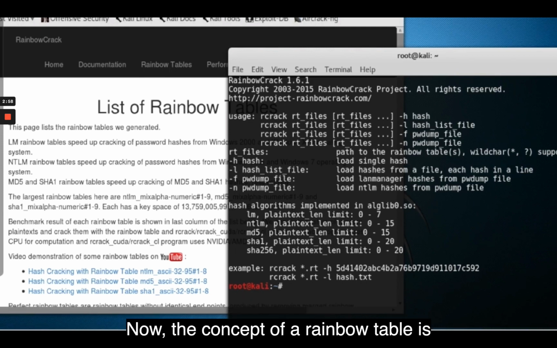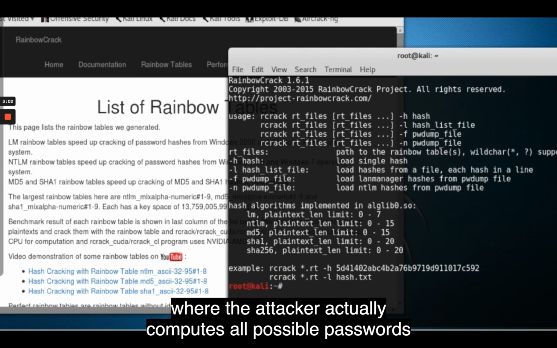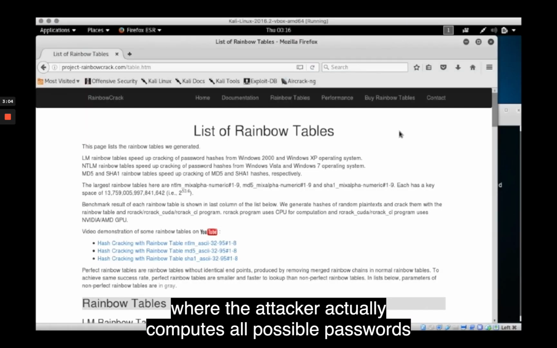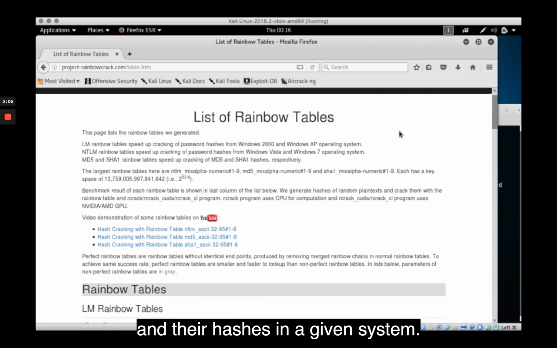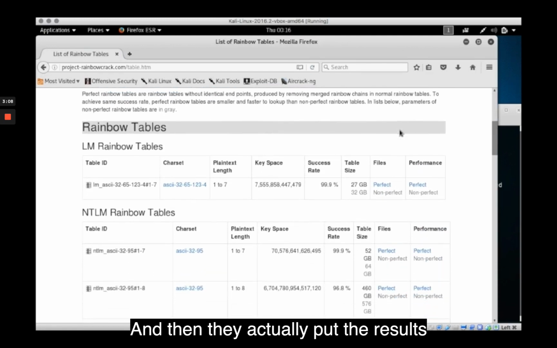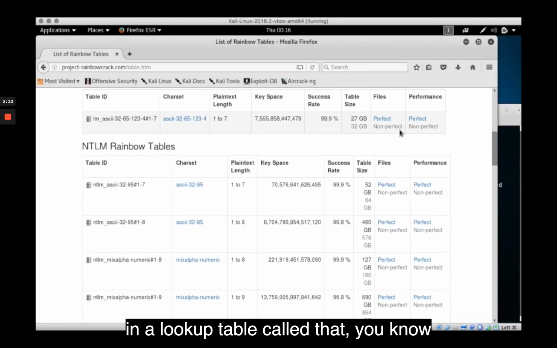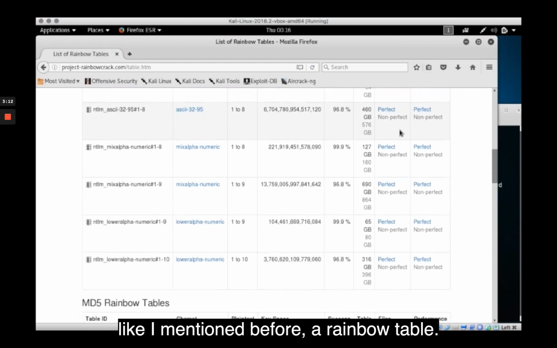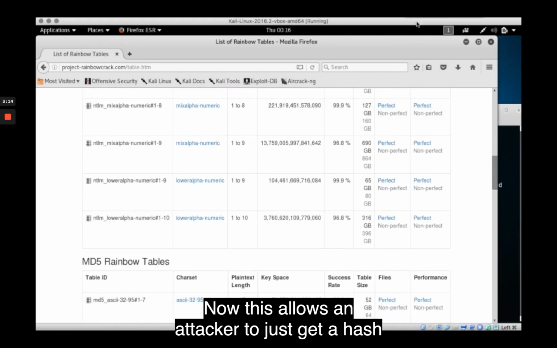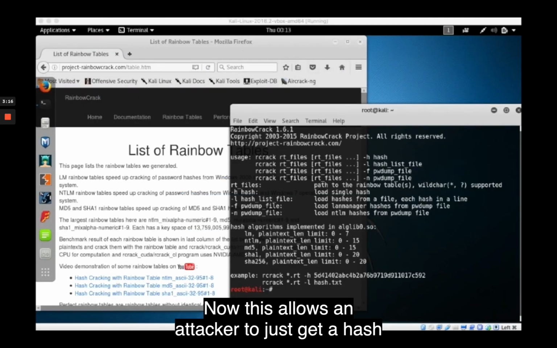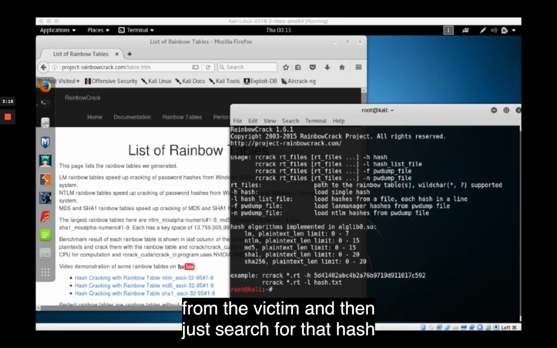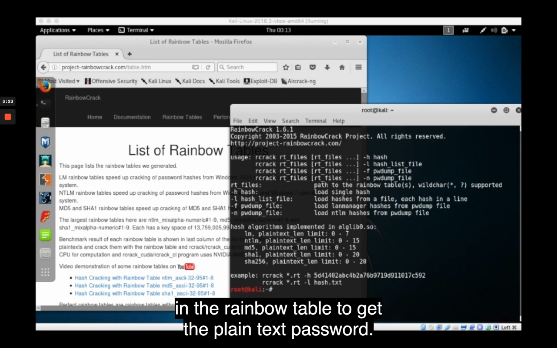Now, the concept of a rainbow table is where the attacker computes all possible passwords and their hashes in a given system, and then puts the results in a lookup table called, like I mentioned before, a rainbow table. Now, this allows an attacker to just get a hash from the victim and then search for that hash in the rainbow table to get the plain text password.